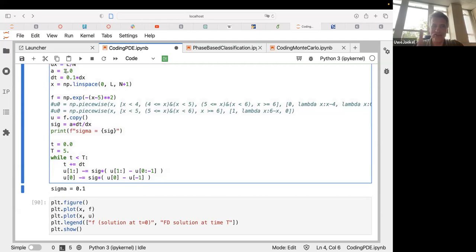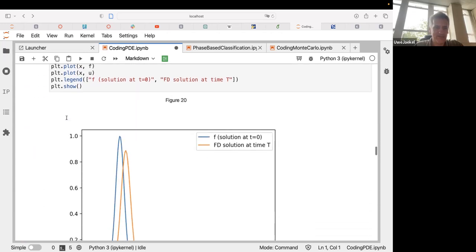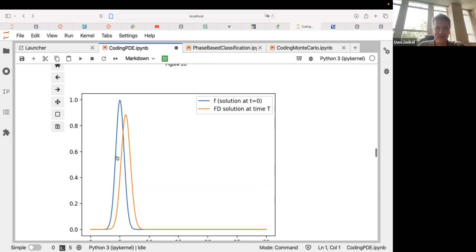So if we set a equal to 10, for instance... Let's stick to that. So the phenomenon will also be visible here.